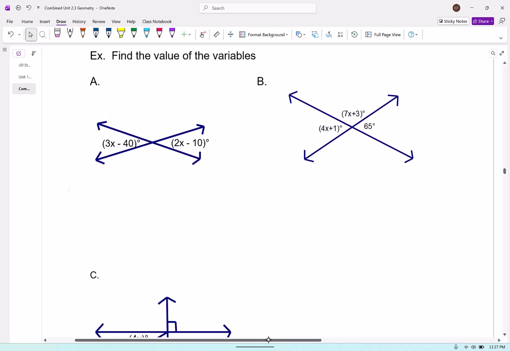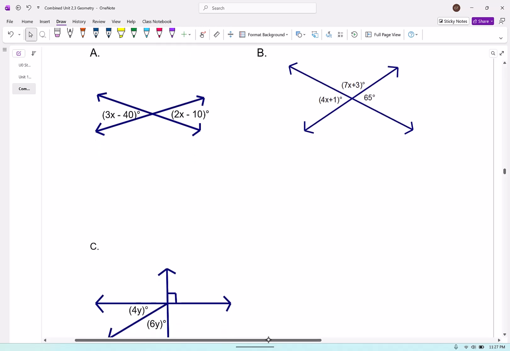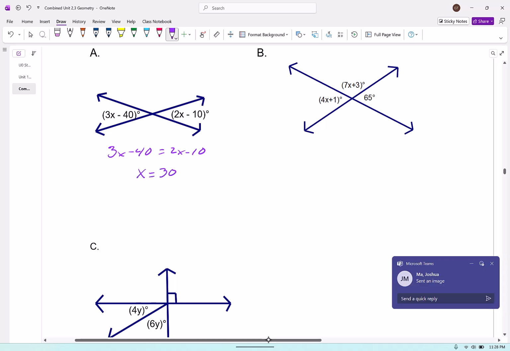Okay, so if we look at this, we know since they are vertical angles, then they are equal. They are congruent to each other. So I can set 3x minus 40 and 2x minus 10 equal to each other. If I solve by subtracting 2x and then adding 40, I'm going to find that x equals 30.